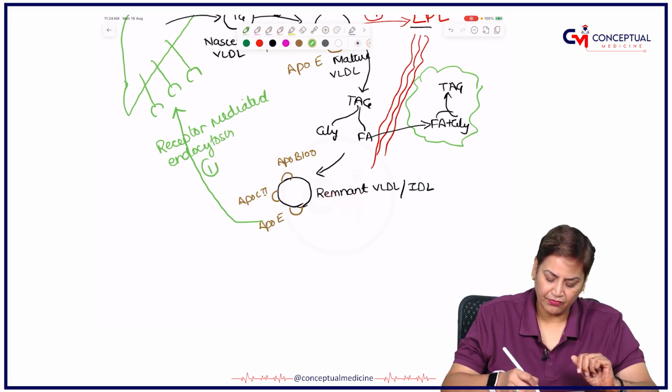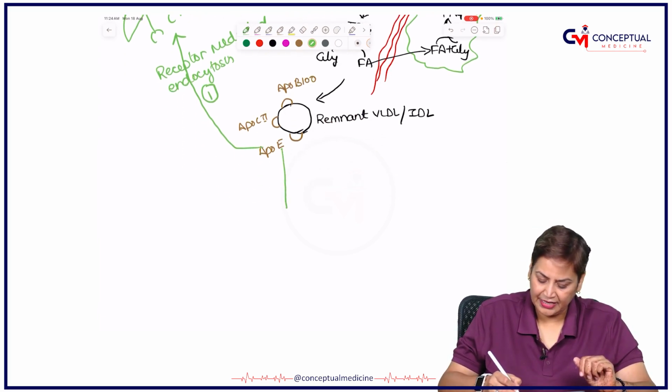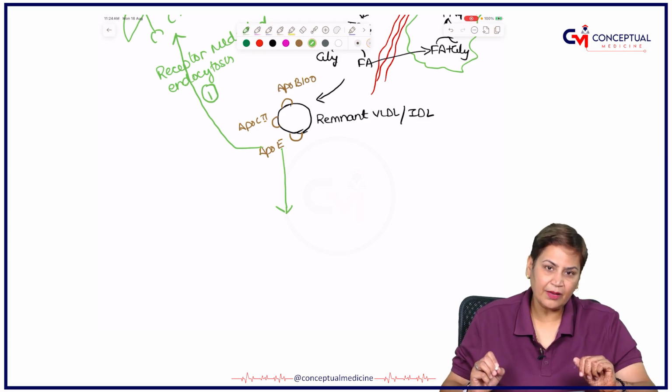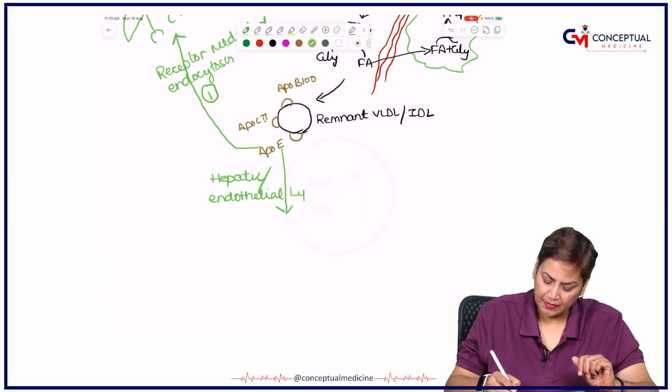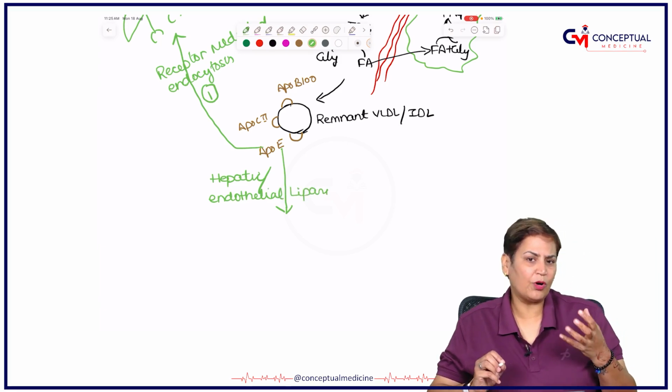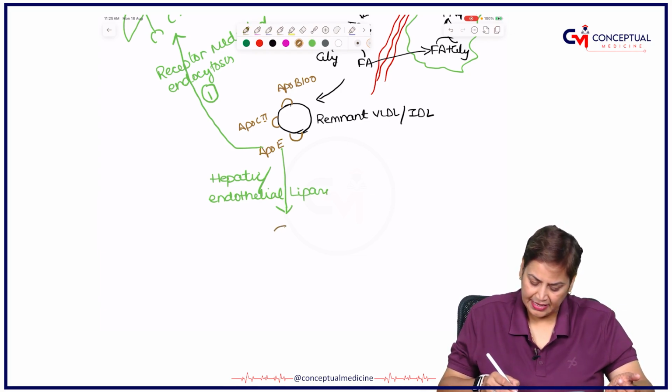Right, so this is one fate of this IDL, and the second fate of IDL is that in the presence of hepatic or endothelial lipase, it is going to form a different structure, and that different structure is known as LDL.